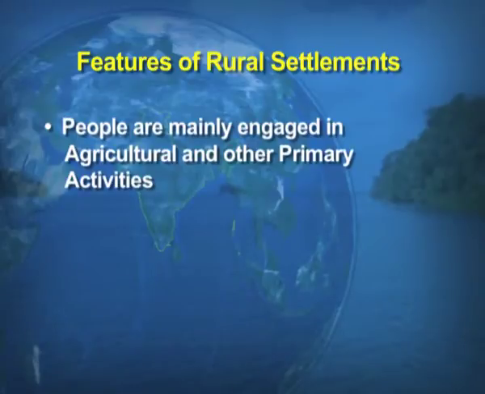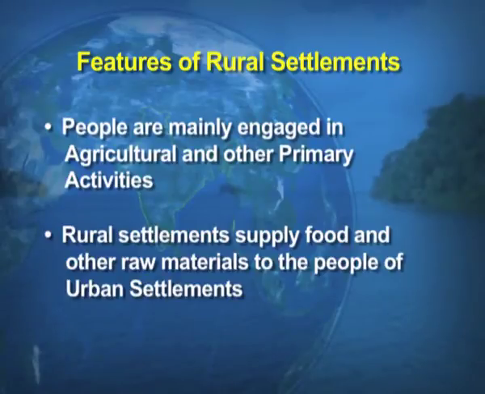Now, we will be taking up a few features of the rural settlements. Number 1, the people of these areas are mainly engaged in agricultural and other primary activity. Number 2, rural settlements supply food and other raw materials to the people of urban settlements, because they have enough space to grow all these items or raw material.